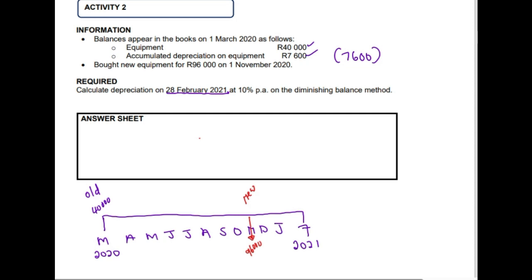Guys, we can put everything in our answer sheet. We have old equipment that is worth 40,000, and then we have new equipment worth 96,000.